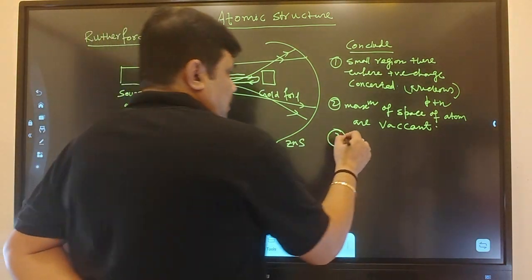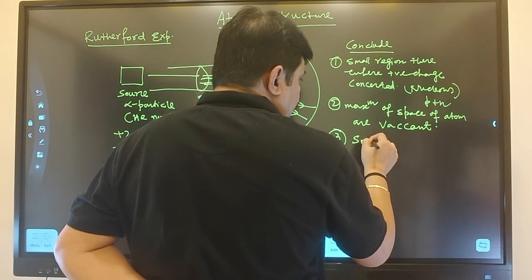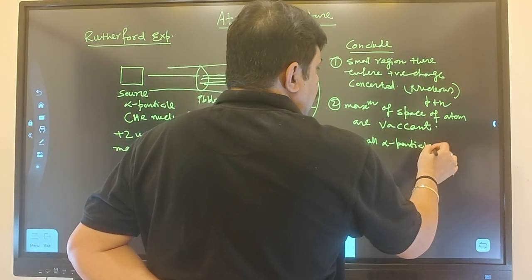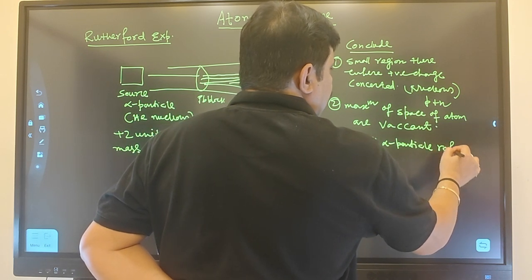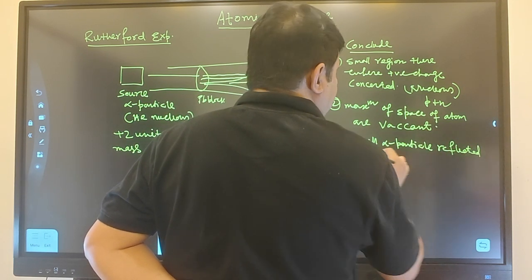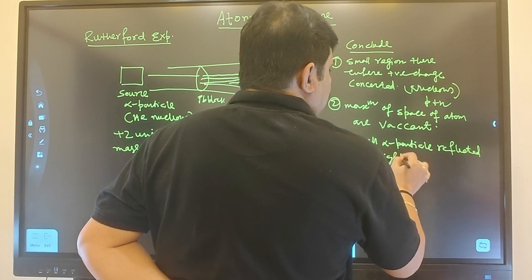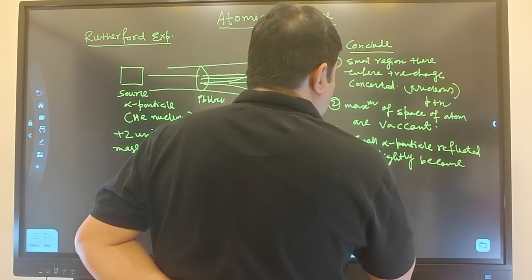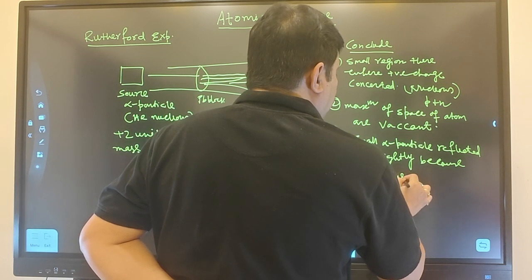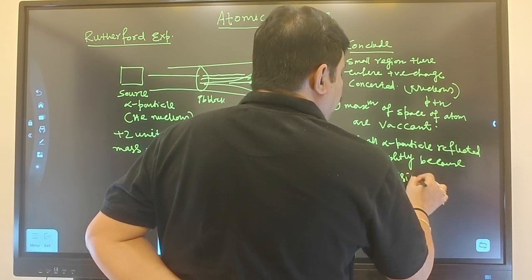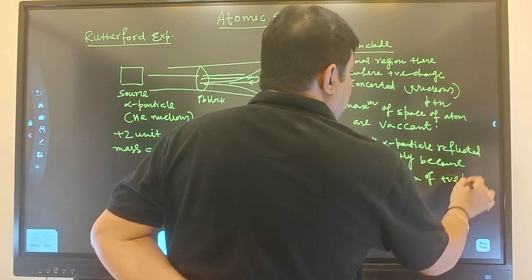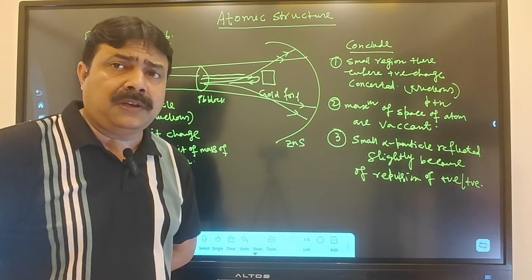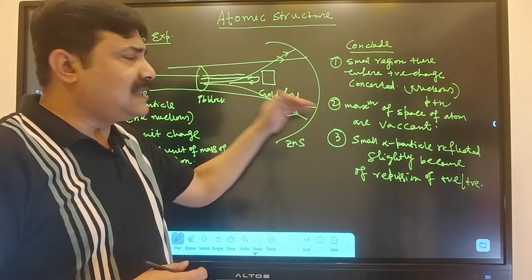So a small number of alpha particles are deflected slightly because of repulsion. The alpha particle is a positively charged particle, the nucleus is also a positively charged particle, repulsion will be there, and they are slightly deflected.